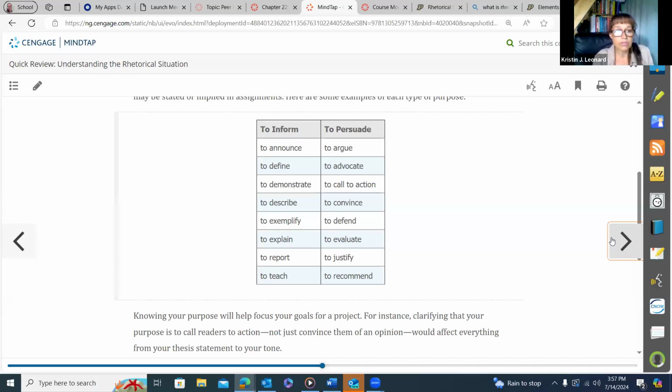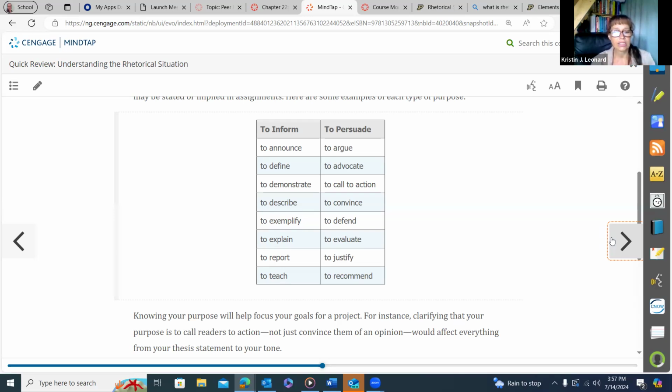If my topic was also EV vehicles, but the guidelines of my assignment that was given by my teacher was to inform my audience or to analyze your topic, and explain with evidence, with sources, right? Then you're going to keep to the left-hand side.